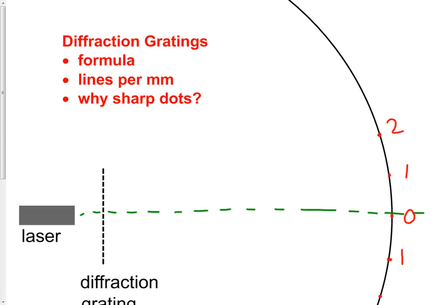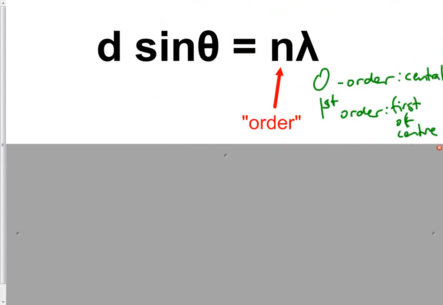This is the second order fringe, that's the second order fringe, this one is third order, etc., etc. So that's the fringe numbering system. That's the number you put into n, your formula here. So you can use this formula to work out any of the components of this, given that you know the other bits. So the formula is d sine theta is n lambda.